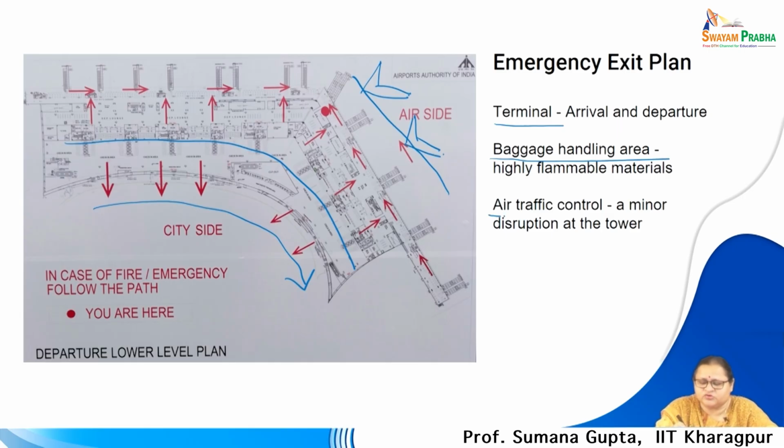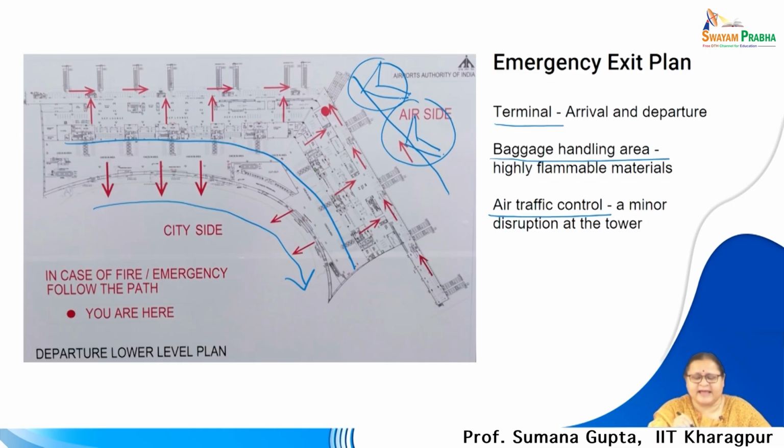The third zone is the air traffic control, where a very minimum disruption cannot be allowed, because that is controlling the air traffic movement.